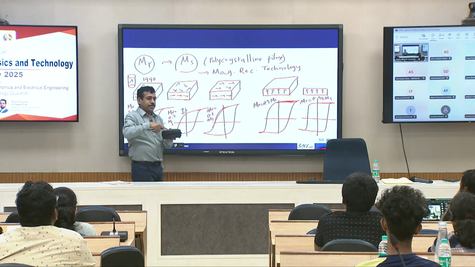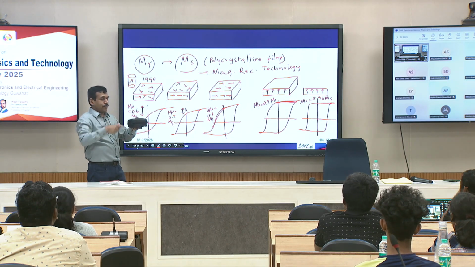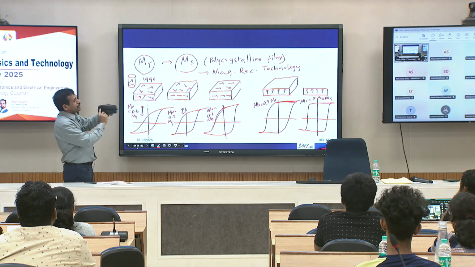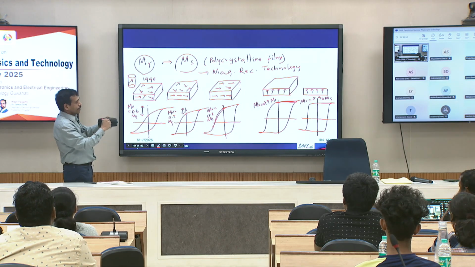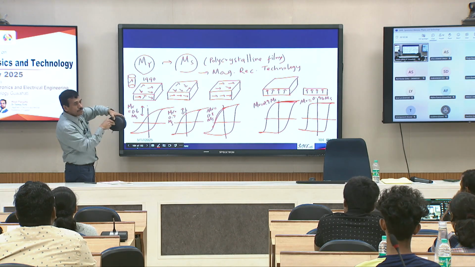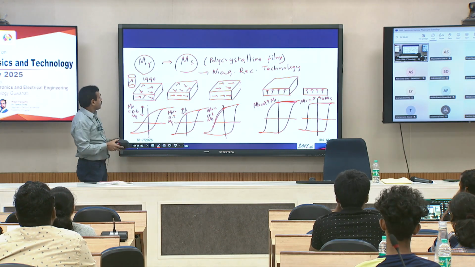Let us say you are storing magnetization along this direction, parallel to this surface. You can view the easy direction from this angle, or you can view the easy direction from this angle. So I am showing the two perspectives.